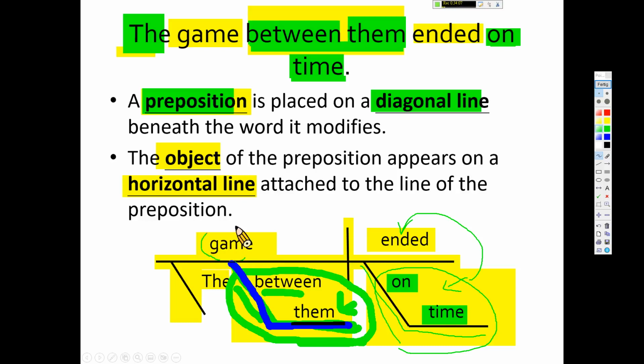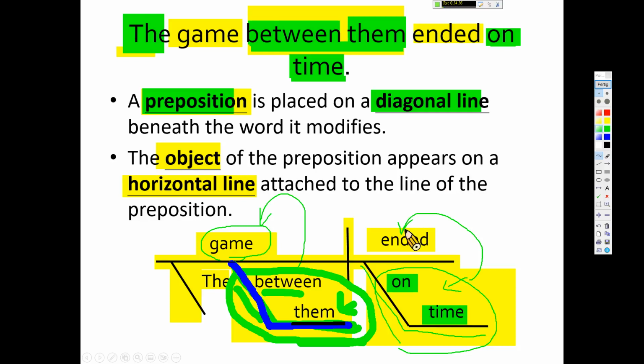And game is a noun, so between them is an adjective. There are no other parts of speech that a prepositional phrase can be. It can be only an adjective or an adverb. That's it, period. So you can see between them is used to modify game, adjective. On time, adverb, used to modify ended.